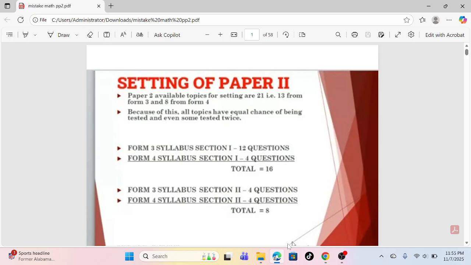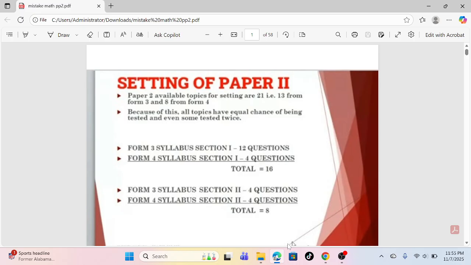Form 3 syllabus section 1 has 12 questions, and Form 4 syllabus section 1 has 4 questions. That is a total of 16. Form 3 syllabus section 2 has 4 questions, and Form 4 syllabus section 2 has 4 questions. That is a total of 8.